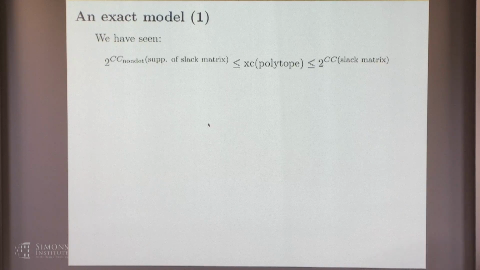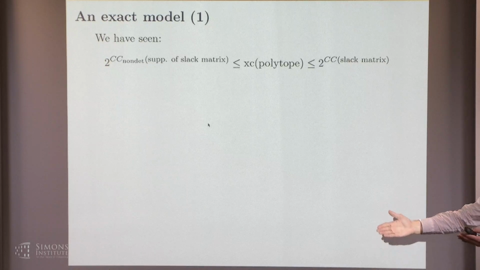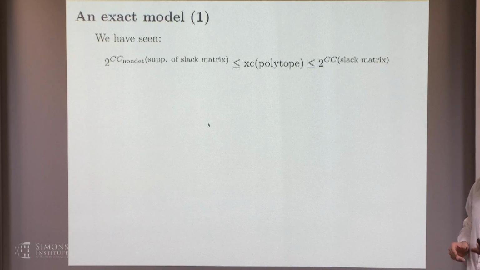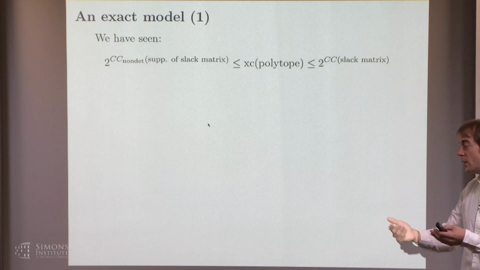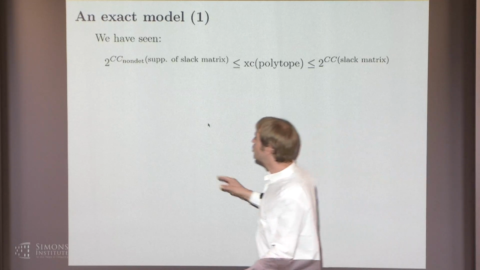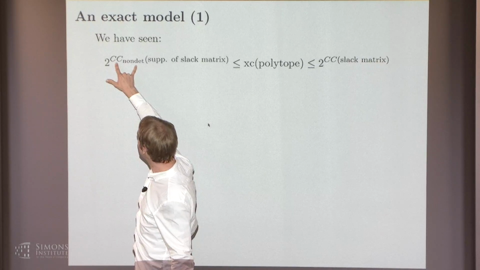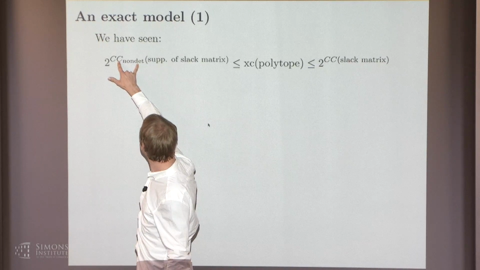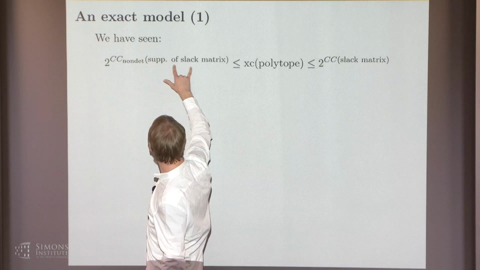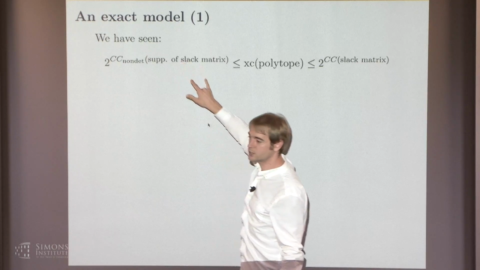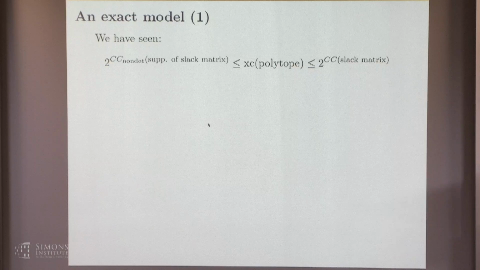That can also be translated into the language of communication complexity: the rectangle covering number is actually 2 to the non-deterministic communication complexity that two players need to figure out whether there is a positive entry in the slack matrix or not. Non-deterministic because it's a cover, it's not a partition.